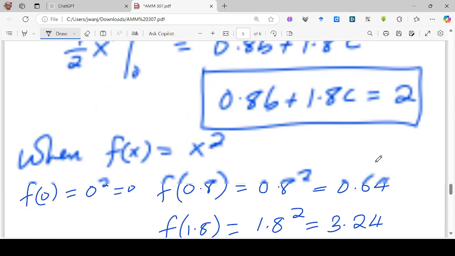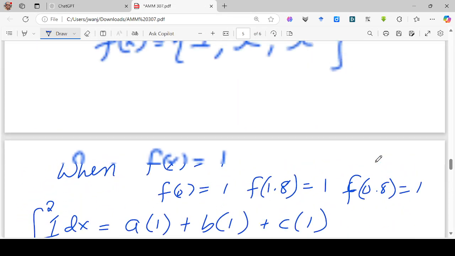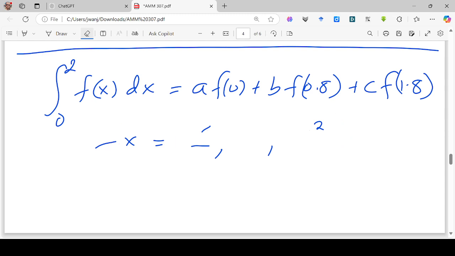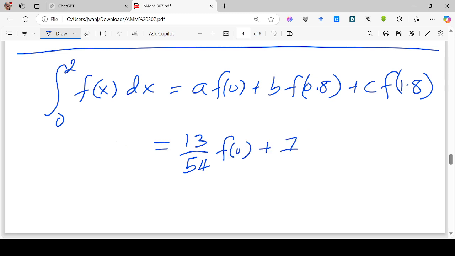I don't have enough space down there, so I want to come back here, and maybe I'll remove this part, then substitute, so that our method will become 13 over 54 f of 0, plus 7 over 6 f of 0.8, then plus c is 16 over 27 f of 1.8.